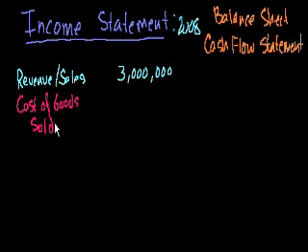And this is literally, well, there's two things. There's a variable cost, which is each widget, they might have used some amount of metal and some amount of energy to produce it, and some amount of paint if it's a painted widget. And so the cost of goods is literally how much did it cost to buy the metal and the paint and provide the electricity to make those $3 million worth of widgets. And that's the variable cost.